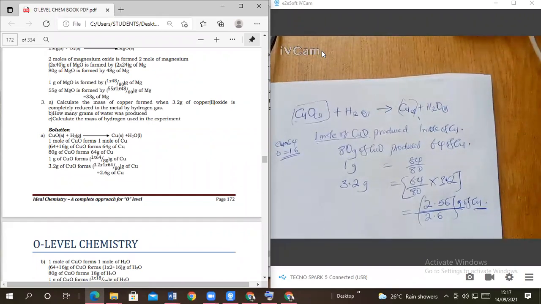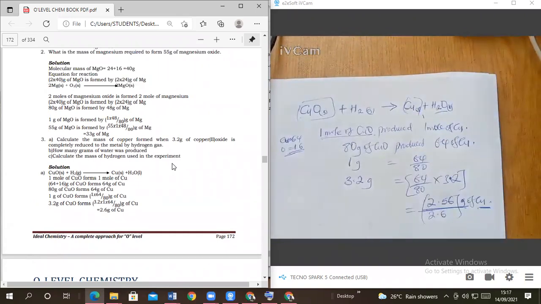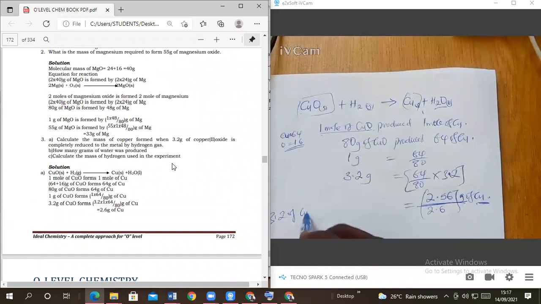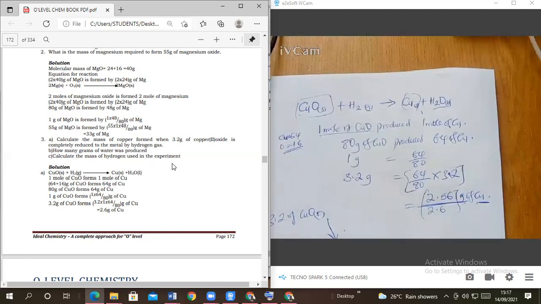How many grams of water are formed? So we look for the grams of water formed when 3.2 grams of copper oxide is used. How many grams of water?